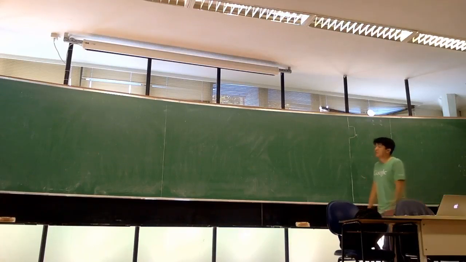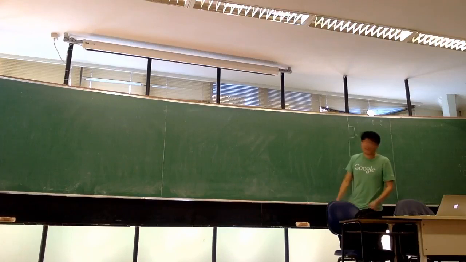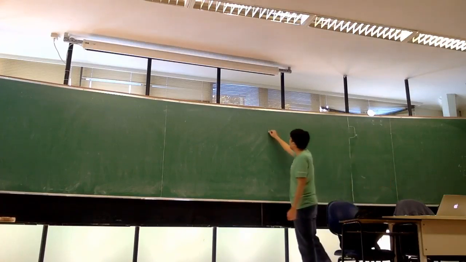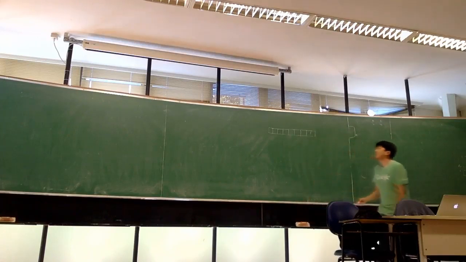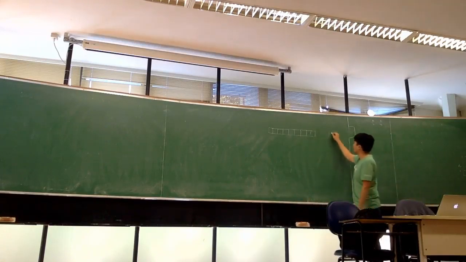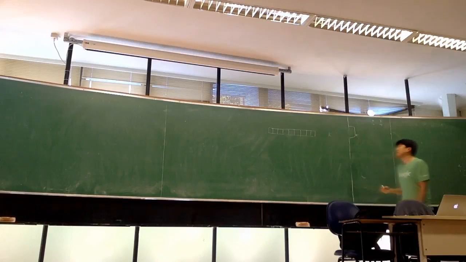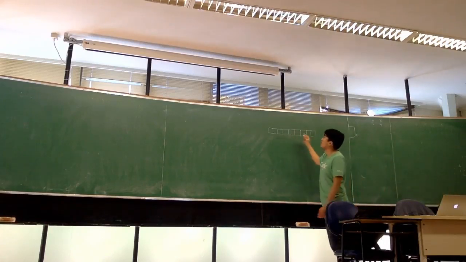So basically, in this problem, you're asked in how many ways can you color a train consisting of n parts. So you have k available different colors, and you want to color each one of these positions with a certain color.